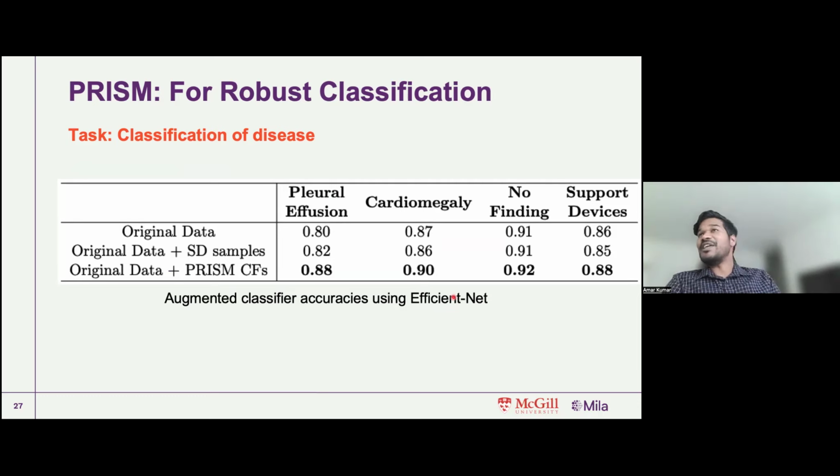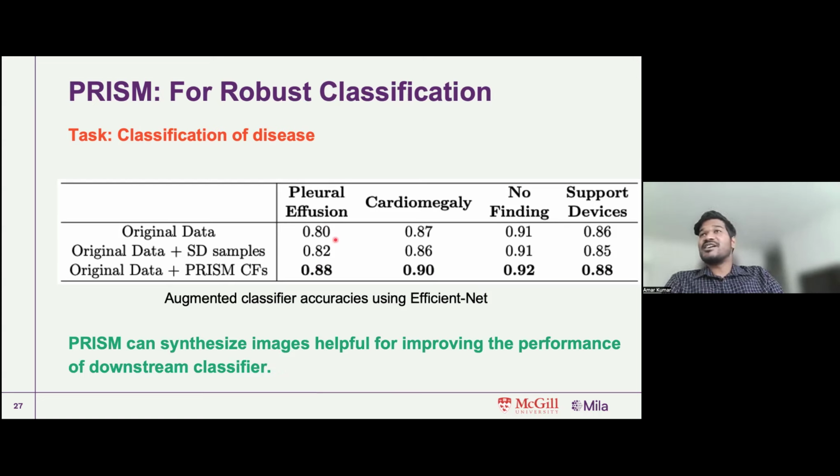And simply augmenting and observing the performance increment actually showed that we were able to slightly improve the performance in some cases. And in the case of pleural effusion, which is confounded with medical devices, we are actually able to improve the downstream performance quite a bit. So this method, Prism, was able to synthesize images that were actually helpful in improving the downstream performance of classifiers.